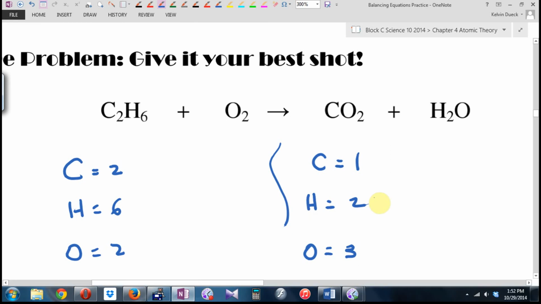Did you catch the sneaky thing about the O's on the right-hand side? Right? There's 3 O's on the right.